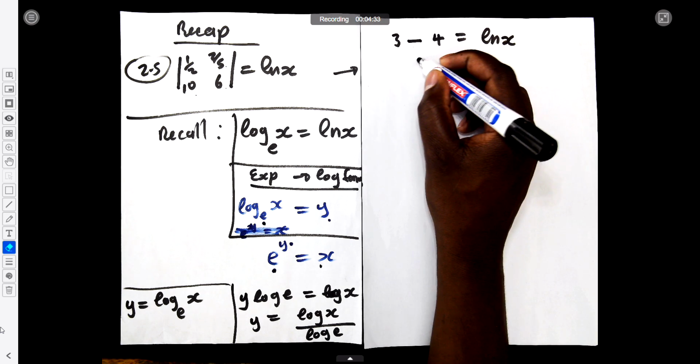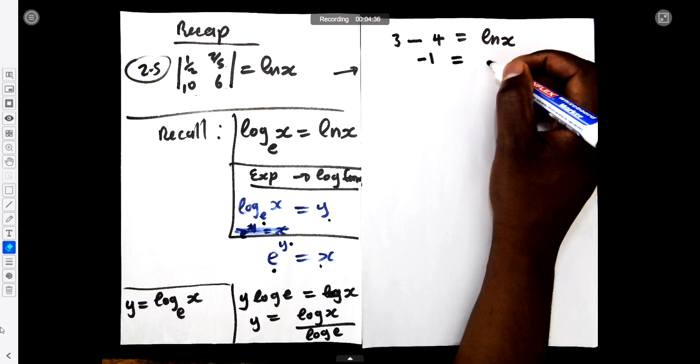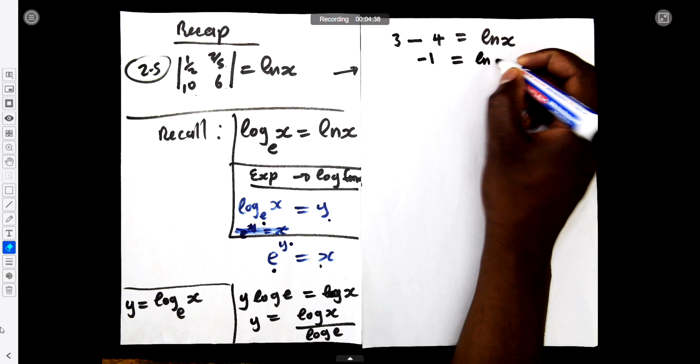So here we have negative 1, therefore it equals ln x.